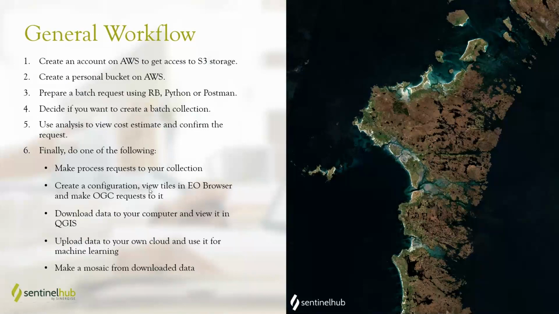You will need to be careful about the formats and about only outputting one output. You will see how this looks like. We will check this out all in detail. And then if you have a collection, you can create a configuration with tiles in your browser. And most importantly, you can also make API requests to your collection and then display tiles, let's say, the images in your application or anywhere you would like.